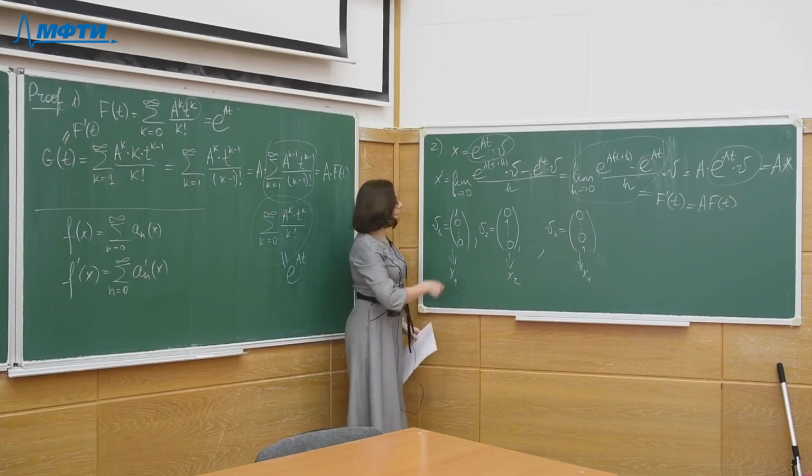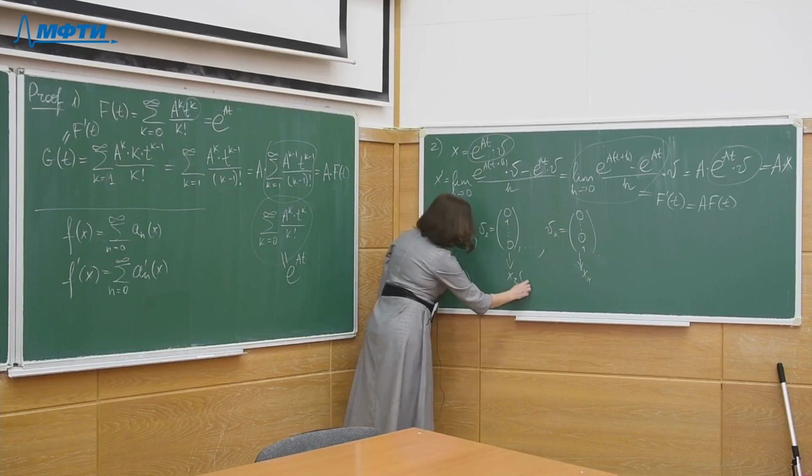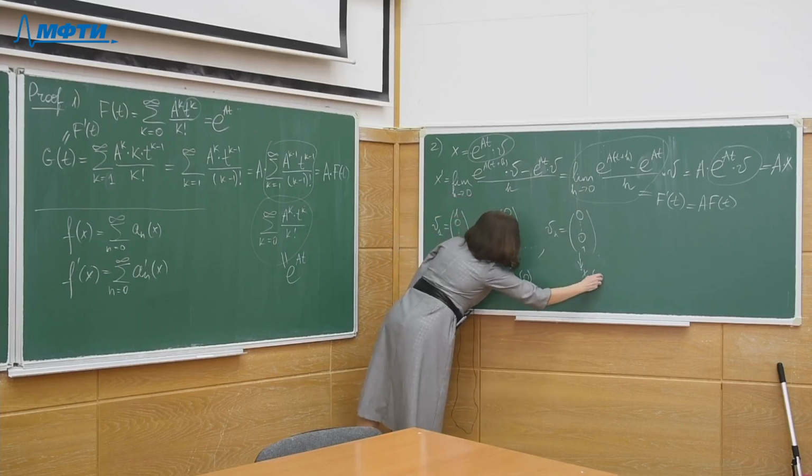The theory discussed in the preceding lectures guarantees that these vectors are linearly independent at t equals 0.